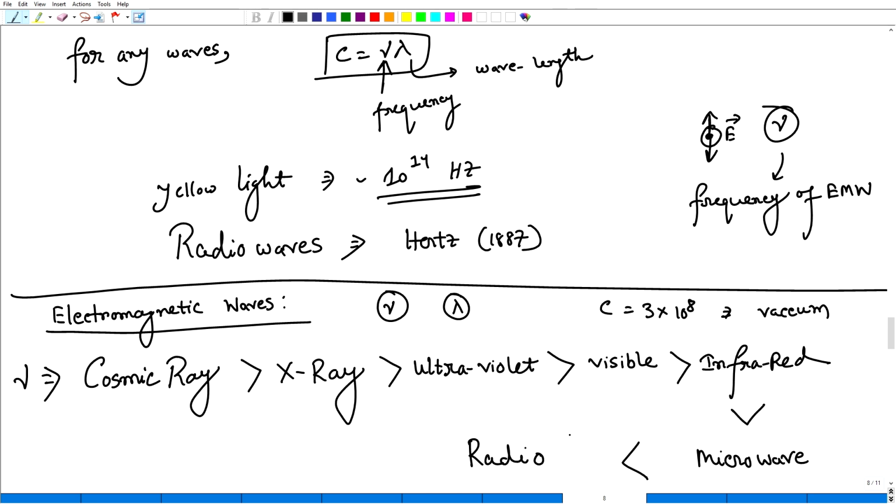So this is our electromagnetic waves in terms of frequency. In lambda it is just reverse, because we know that nu is equal to c by lambda.